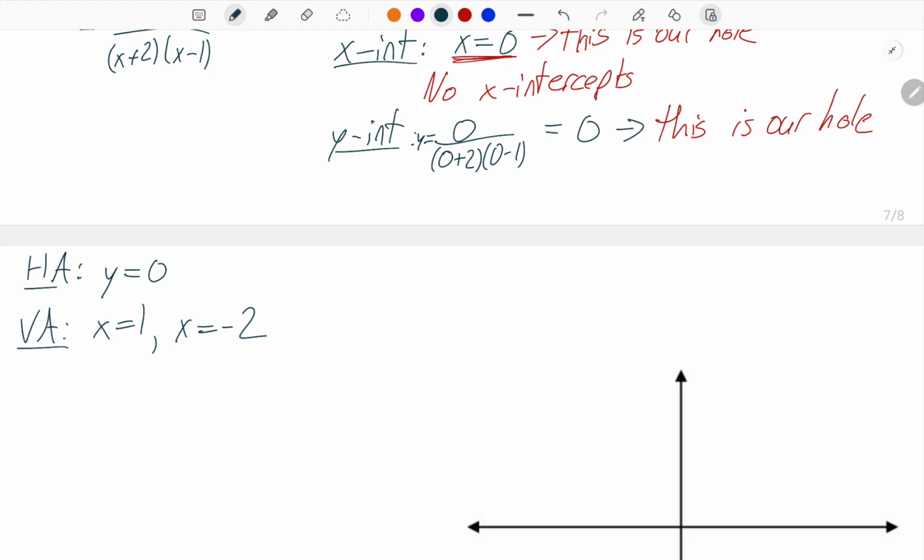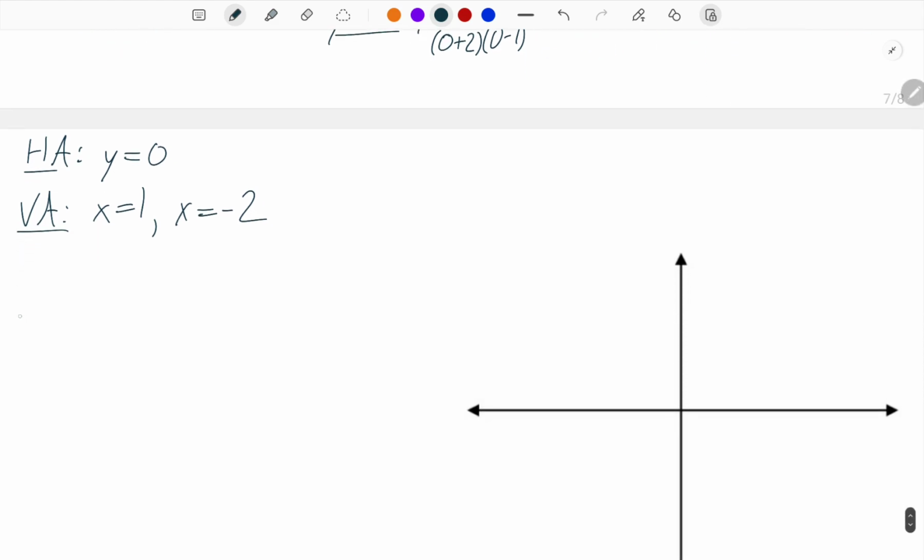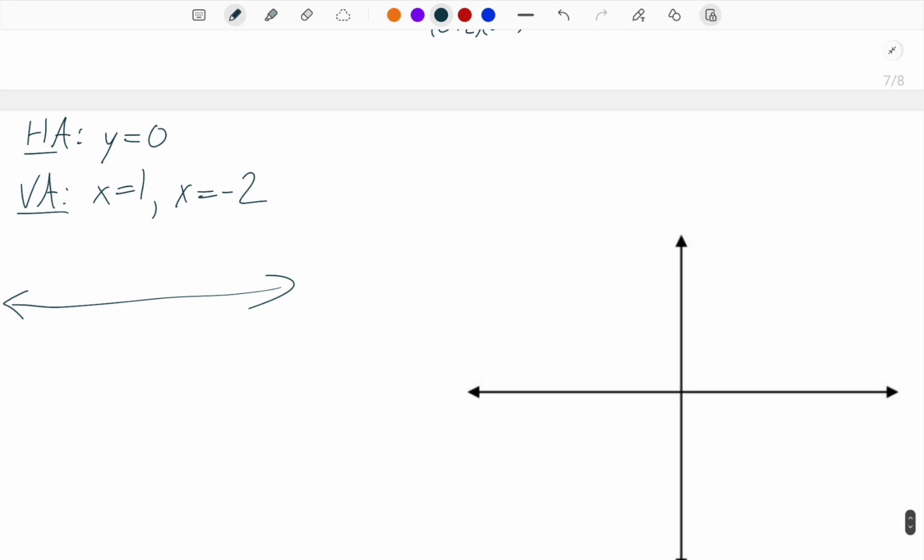All right, so when I'm dealing with something with a horizontal asymptote of 0, in terms of figuring out the vertical asymptote behavior, I always just like to do a quick number line just to figure out when the graph is positive and negative. And that will then right away tell us whether we're going to positive infinity or negative infinity, because it will basically be above or below the asymptote.